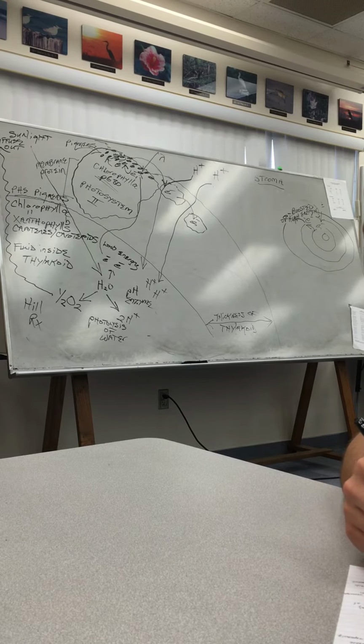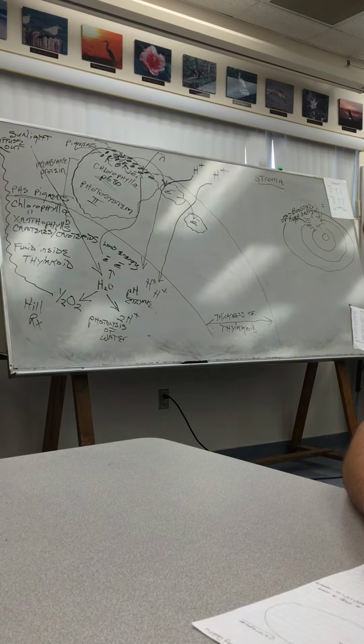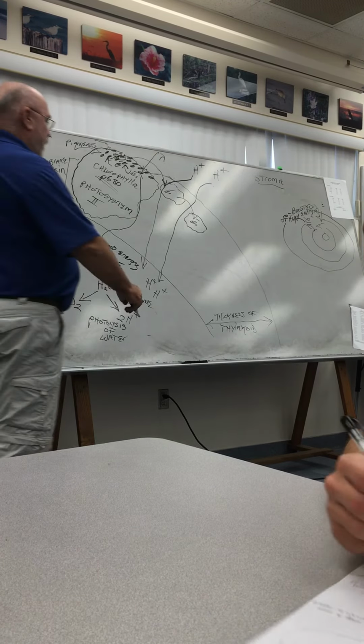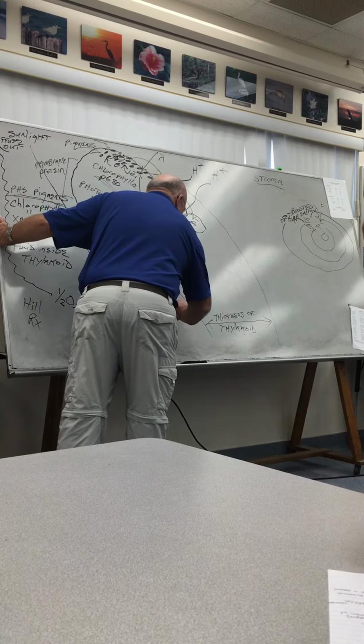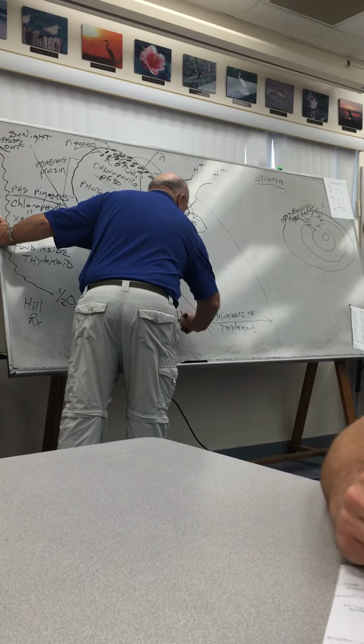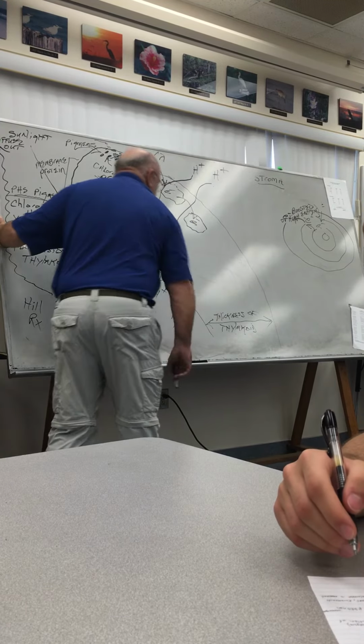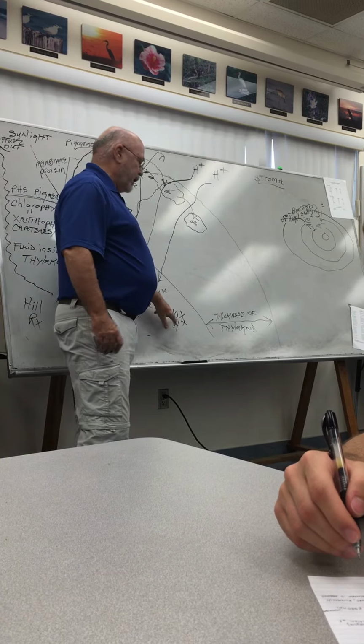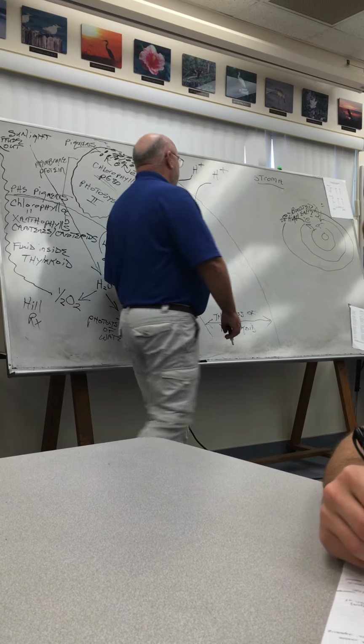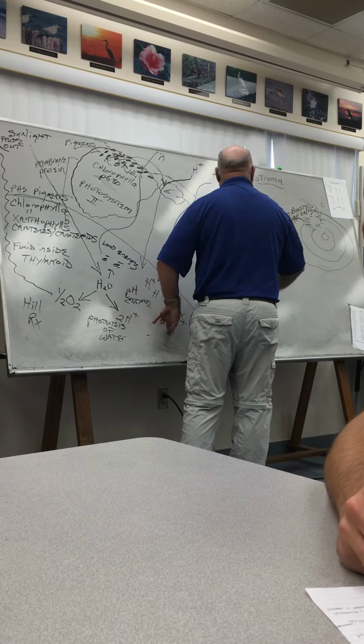Decreases. Decreases, goes down. And I don't know exactly how this can be done, but they have tested the thylakoid fluid, and there is approximately a 10-fold increase of hydrogen ions here as opposed to out here.